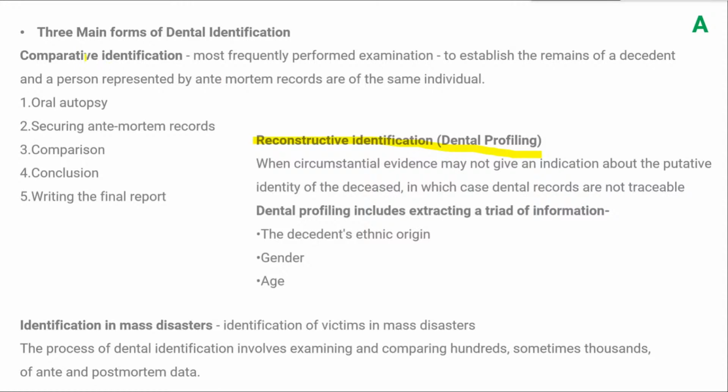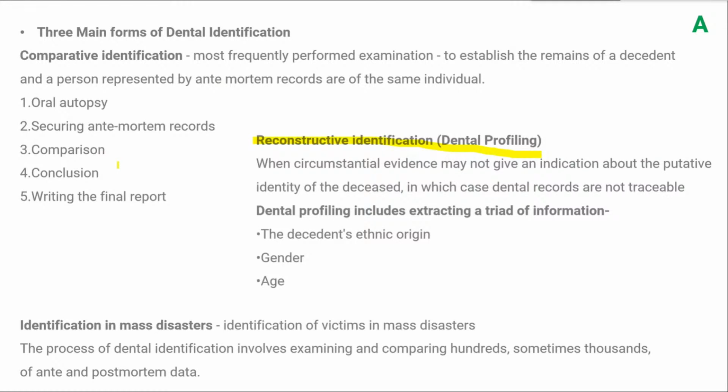First is comparative identification, wherein for the deceased patient, we have both pre- and post-mortem records. What they do is take an oral autopsy, then compare it to the pre-mortem records, come to a conclusion, and write a report as to whether the records of the person who passed away match our autopsy report.